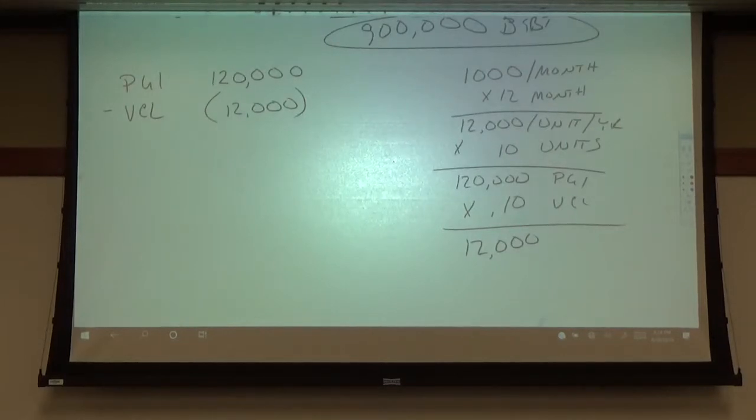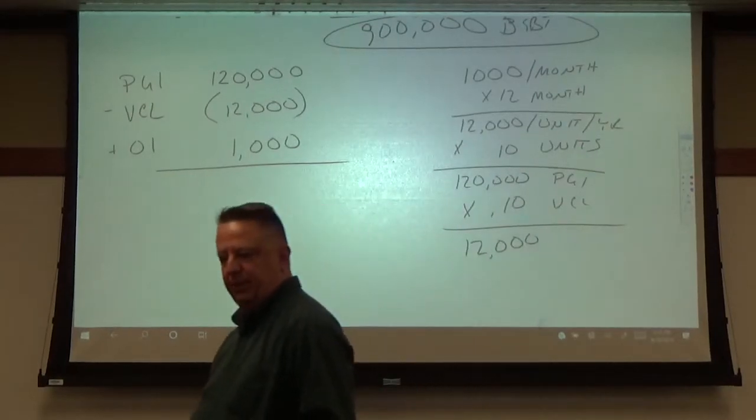Okay. The next piece is other income. All right. So in this case, assume the property generates $1,000 a year in other income from vending machines, laundry machines, etc. All right. So think about that one for a minute. This is kind of cool because in addition to the rental revenue that you're getting from renting the units, you're also getting this extra little bit of other income from these ancillary services.